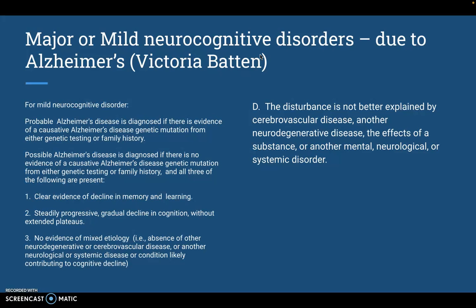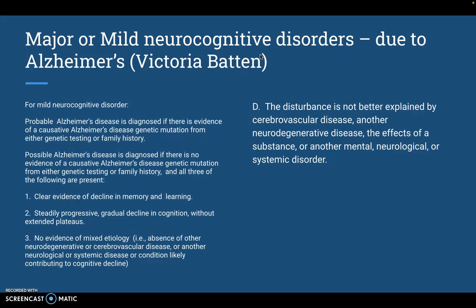So, number 1 is clear evidence of decline in memory and learning. So, this is different from major neurocognitive because that one had to be decline in memory, learning, and another cognitive domain. For mild neurocognitive disorder, it's just clear evidence of decline in memory and learning. Number 2 is steadily progressive, gradual decline in cognition without extended plateaus.